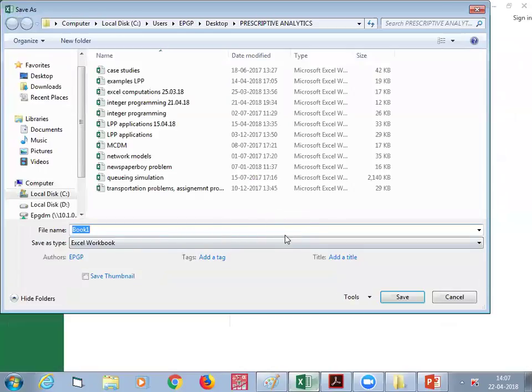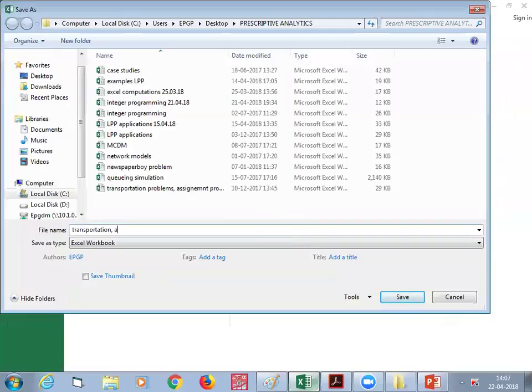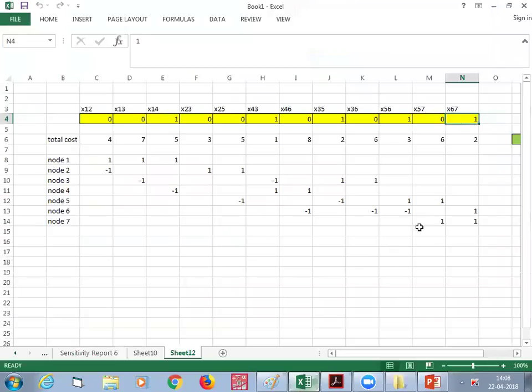Descriptive analytics, transportation, assignment, and network models. Oh, transshipment also. One second. Transshipment. Okay. Prescriptive analytics.